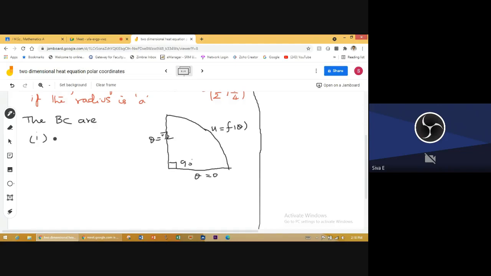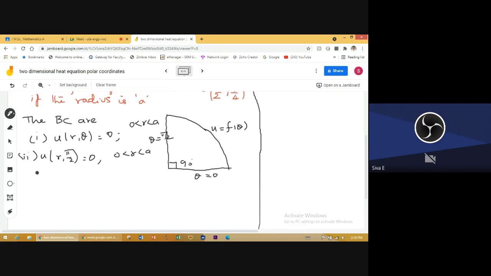One, u of r comma 0 equal to 0, where 0 less than r less than a. Similarly, second boundary condition is u of r comma pi by 2 equal to 0, where 0 less than r less than a. Okay.